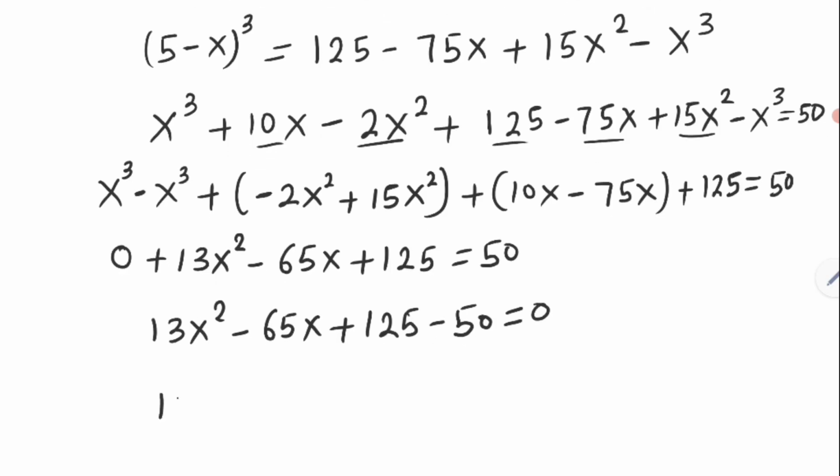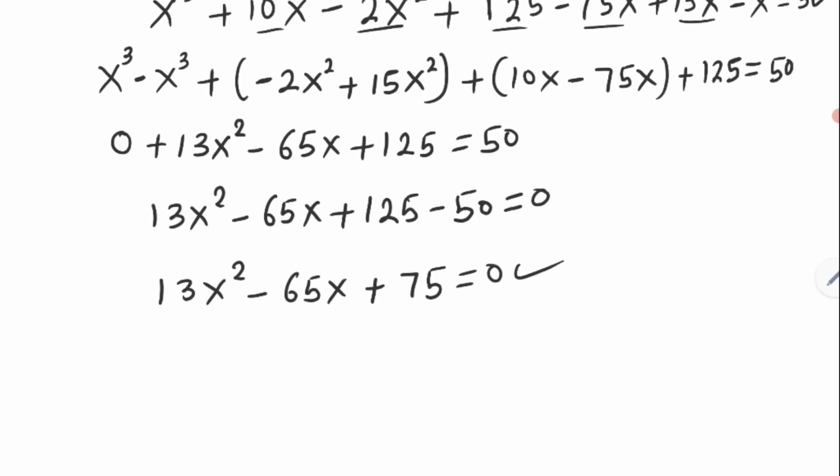Then we have 13x square minus 65x, 125 minus 50. This is plus 75 is equal to 0. This is a quadratic equation which can be solved using quadratic general formula.